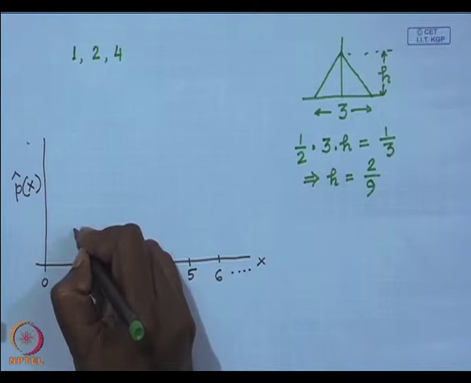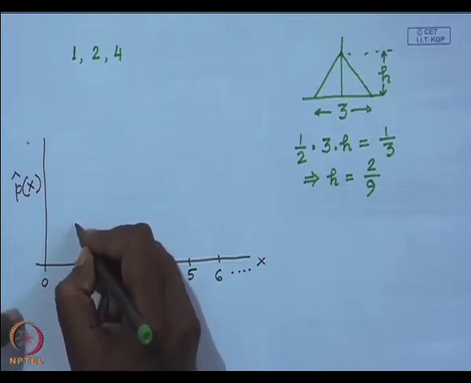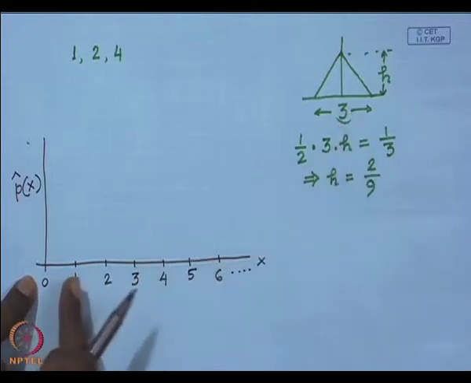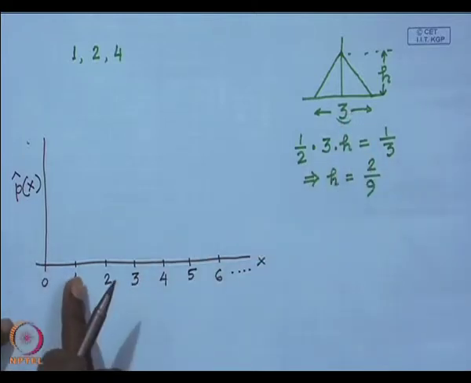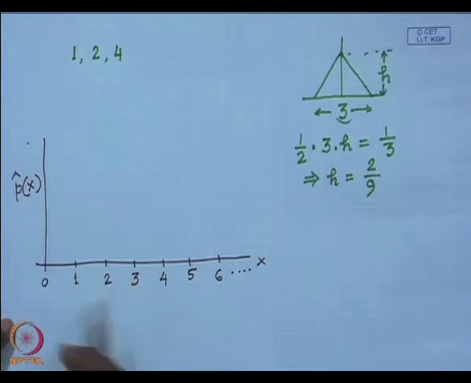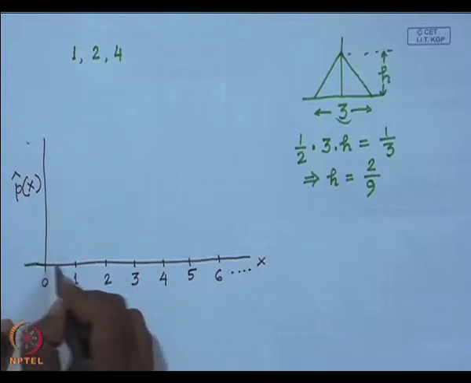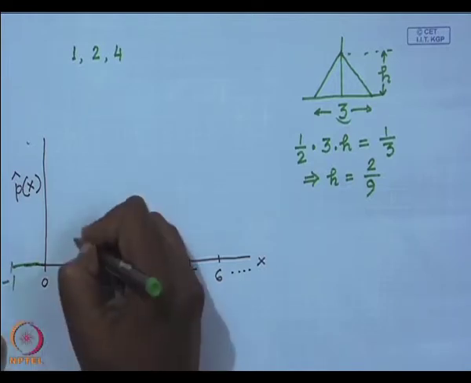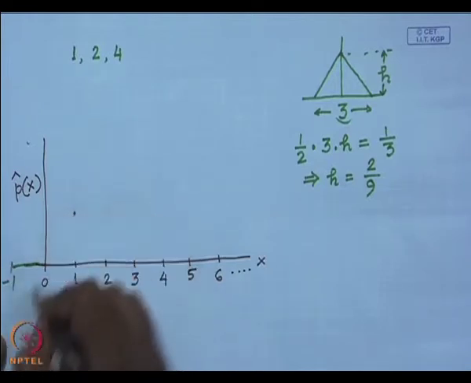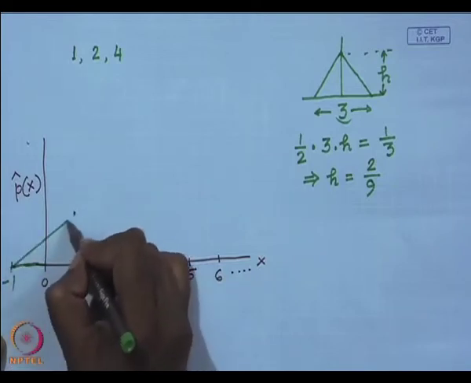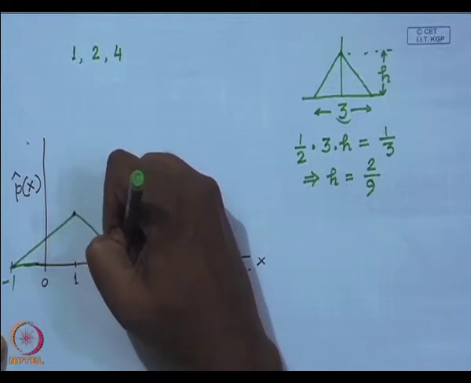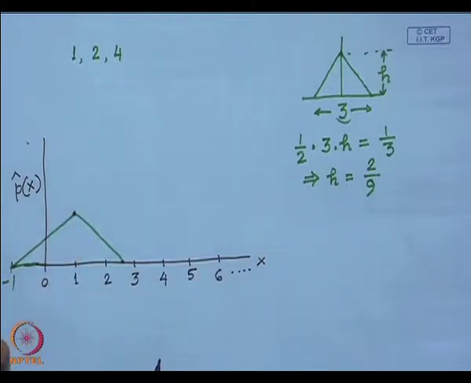At location x equal to 1, I put a triangular window and the width of the triangular window is 3. That means I will have 1.5 to the left side and 1.5 to the right side. So, it will be something like this. This is the triangular window placed at location 1.